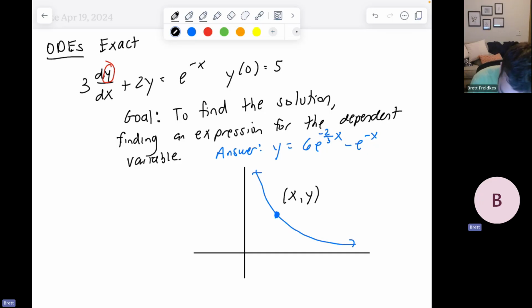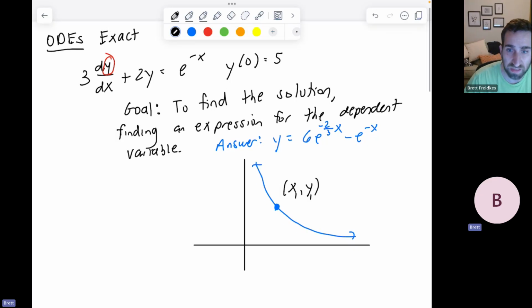Let me just call this x1, y1 to make it specific. That point satisfies this equation.